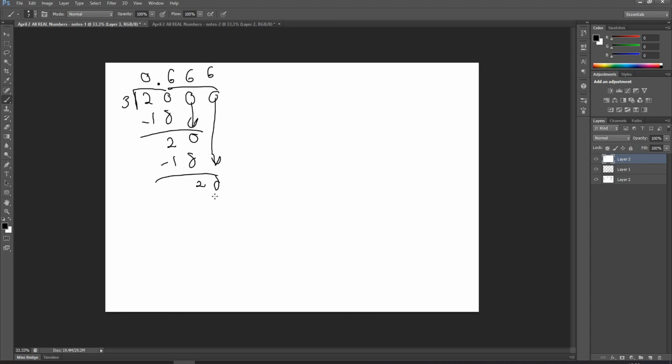And I'm going to get another 6, so this is 18 again. So if you look, I keep doing the same exact thing. I keep getting 20, and I keep subtracting 18, which is 3 times 6. And the next step is going to be another 20, and subtract another 18. It's going to keep giving me this repetitive decimal.